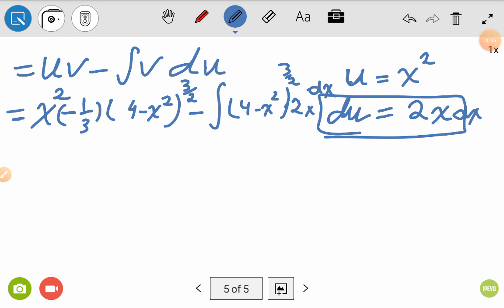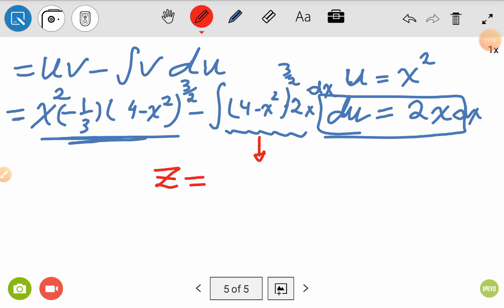Listen, here in this question, this all will stay the same, but we have another problem here. What's the problem in this question? That we should use substitution way again. So in this part only, let's let here another variable, which is z again by substitution way, which is 4 minus x squared, and then dz is equal to the derivative here, negative 2x dx, right?